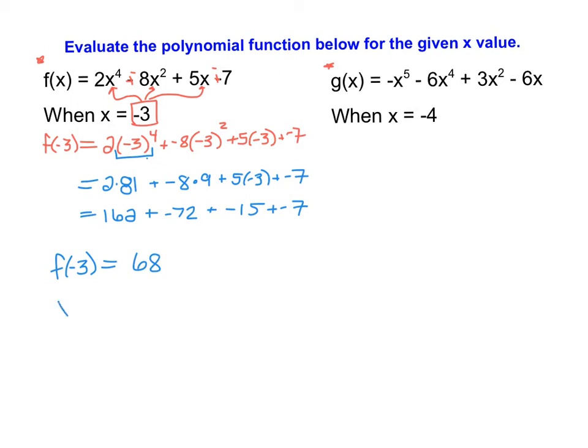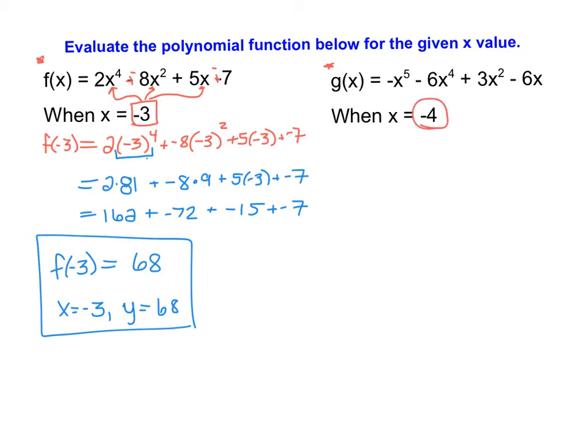So what this is saying is that when x equals -3, the function, or the y value, is going to equal 68.